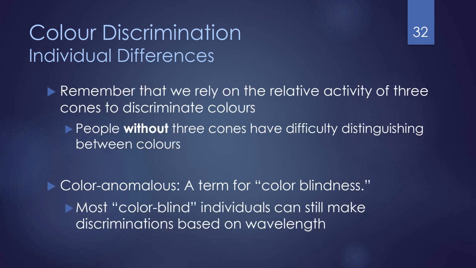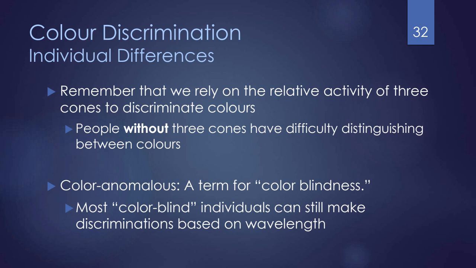So if we think about how important it is to have 3 cones, we can see why people with color blindness have difficulty discriminating colors. We are relying on the relative activity of 3 cones to discriminate colors. And the problem is that people with color blindness don't have all 3 cones, which means they're going to have difficulty distinguishing between colors.